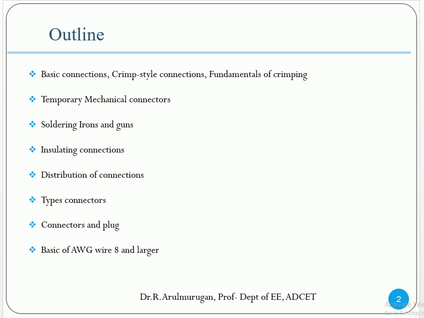If you see in AC appliances, what appliances? Tube light. Tube light, how many watt? It is 40 watt. And what is the voltage? The voltage is 230 volt AC, single phase. Okay.